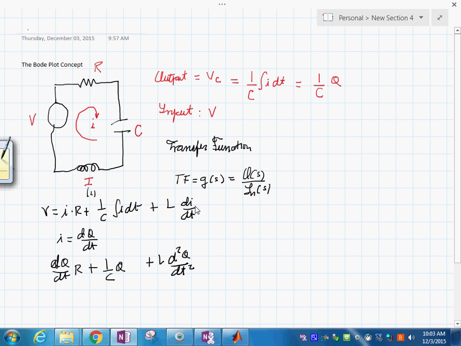If you apply the Laplace transform to this, what do you have? V of t in this case.